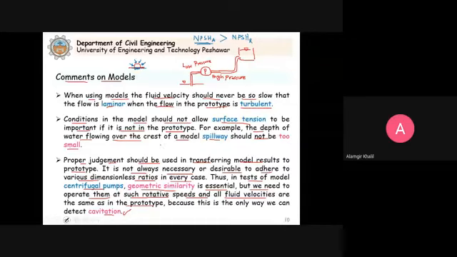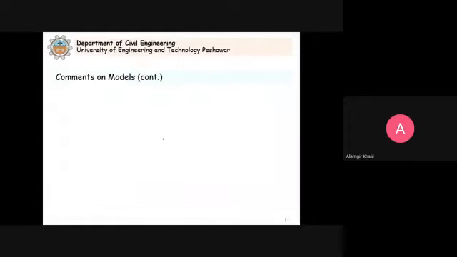So when we conduct model studies and try to predict the performance of the prototype, we have to address all these issues. It's not that simple to just develop a model and, whatever results you get, predict the performance of the prototype. It's a very conceptual topic, and you must be very clear about the fluid phenomena in order to interpret the results.